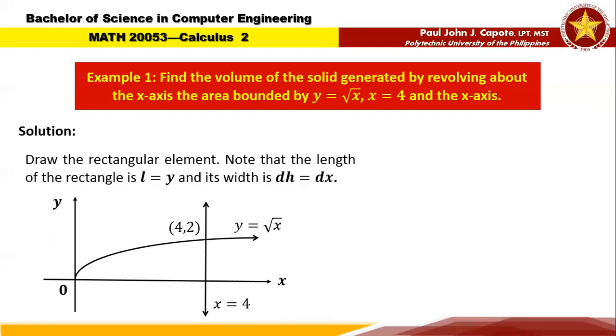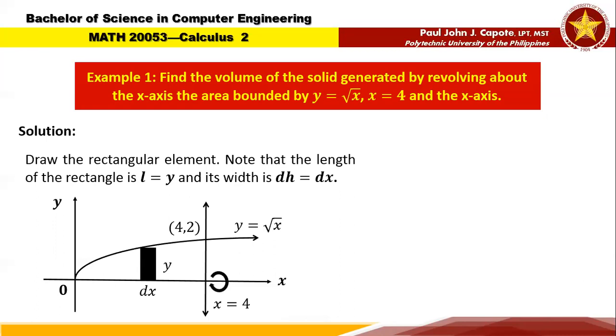Draw the rectangular element. Note that the length of the rectangle corresponds to its y ordinate, and so L equals y. And its width, dh, corresponds to its lower and upper x ordinates, and so dh is equal to dx.